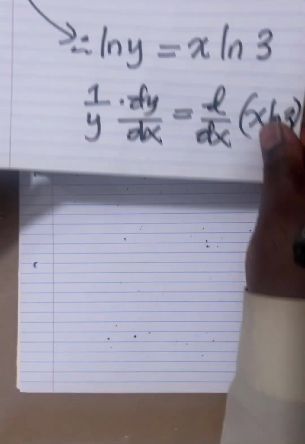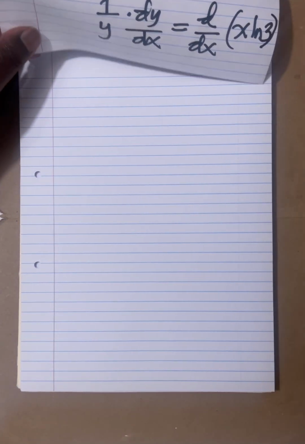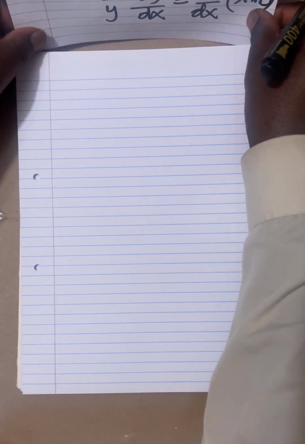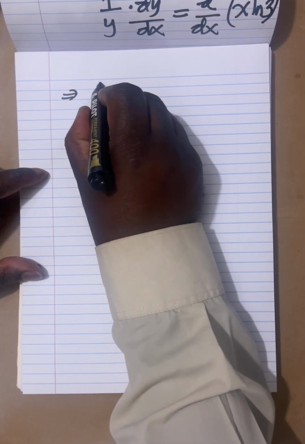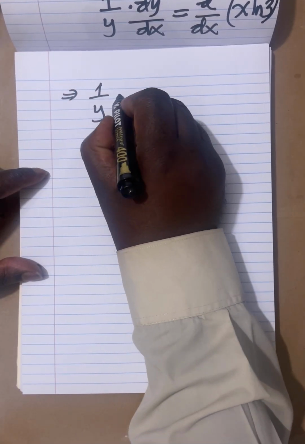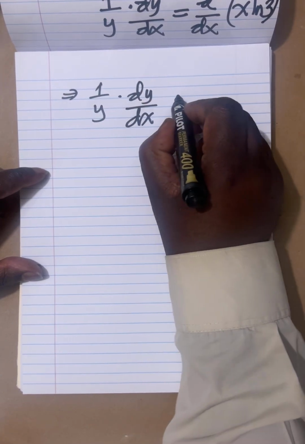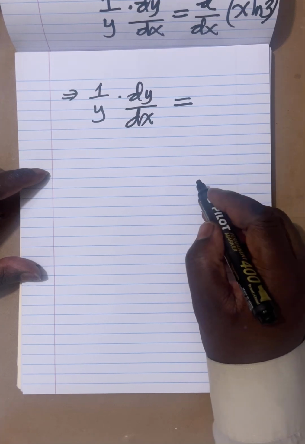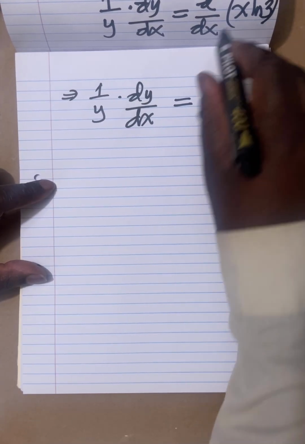Now on the left, I remain with 1 over y times dy dx, and this is going to be equal to the derivative of x ln 3, which is just ln 3 because derivative of x is 1.